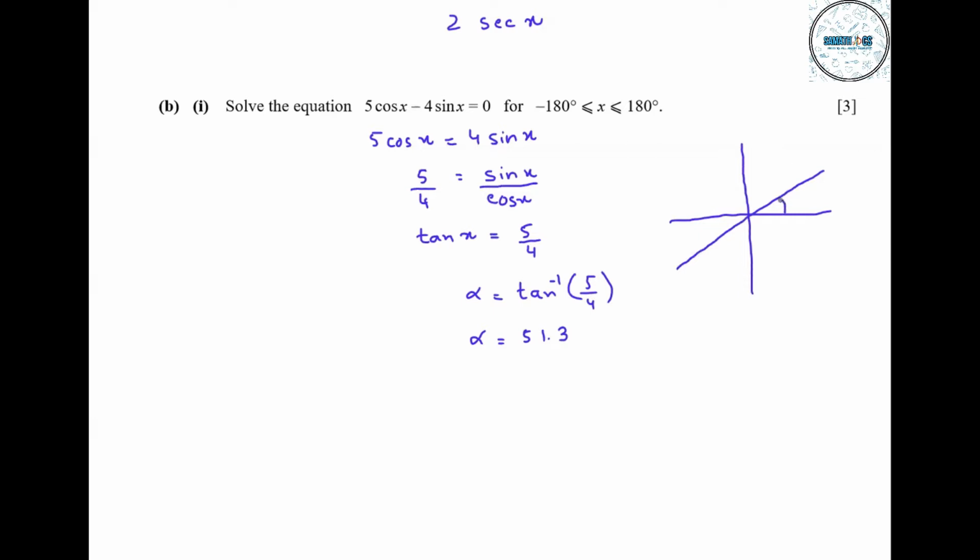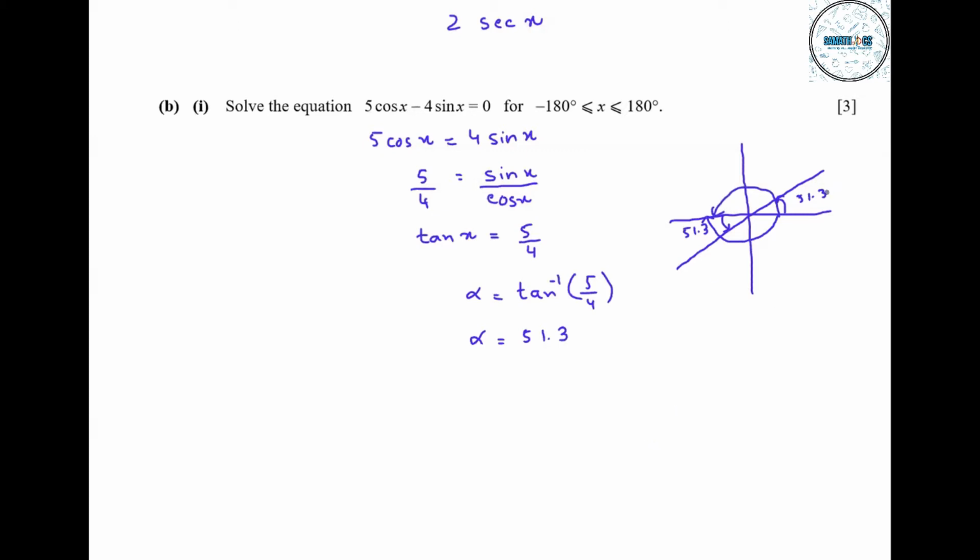So in first quadrant, this is alpha, which is 51.3. And here, this is alpha, which is 51.3. We have to consider the range from 0 till minus 180. It means that we have to consider from here till here. And we have to consider from 0 till 180.